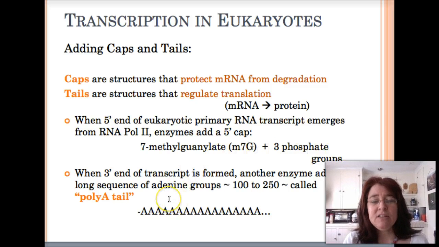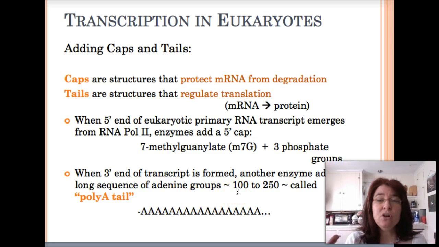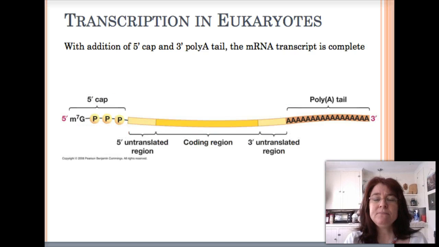At the other end, at the 3' end, another enzyme will come along and add the tail, which consists of a long chain of about 100 to 250 or so adenines. This tail is often referred to as a poly-A tail. And again, its job is to help regulate translation.